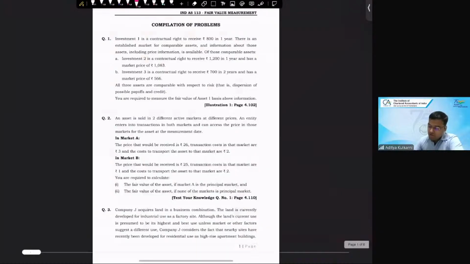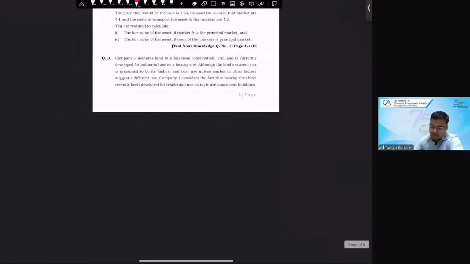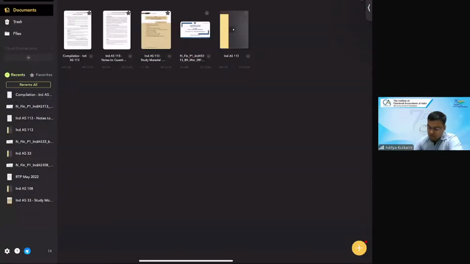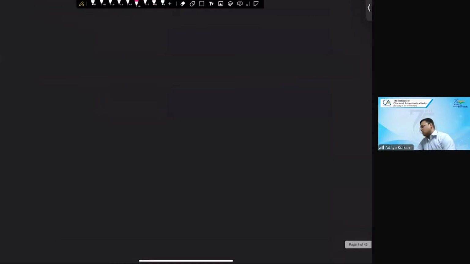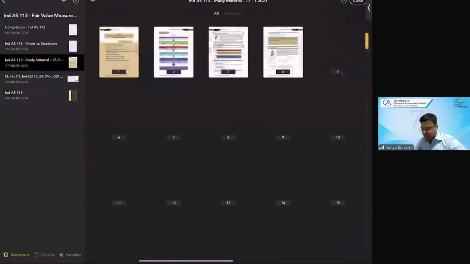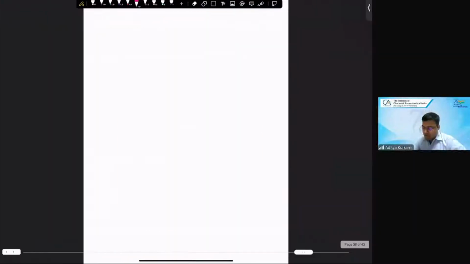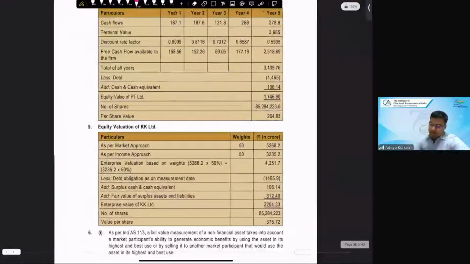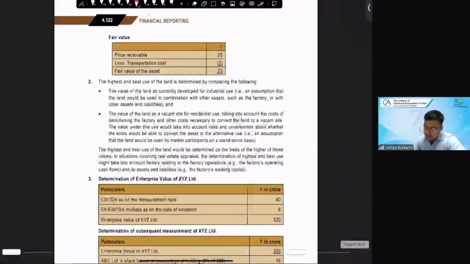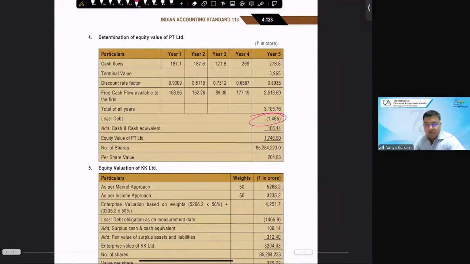If you look at your study material, the answer is the same, but I don't want you to panic. In this solution, they have done less debt 1,465, add cash and cash equivalents 106.14.